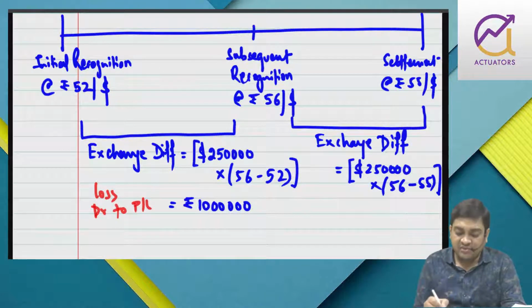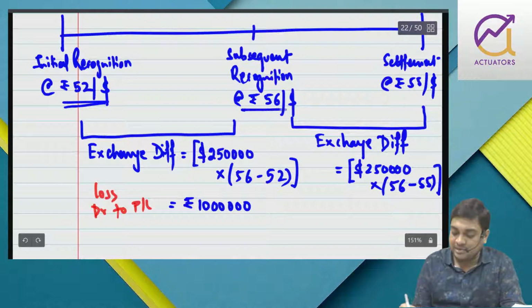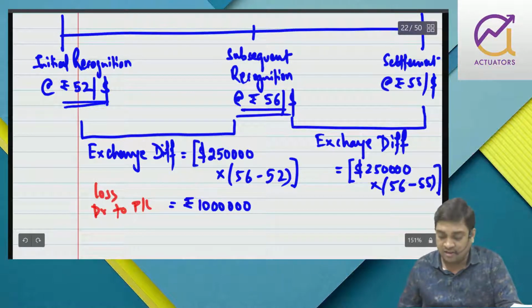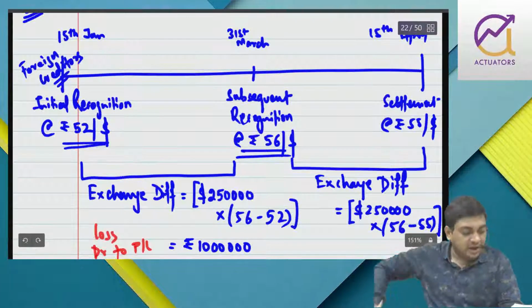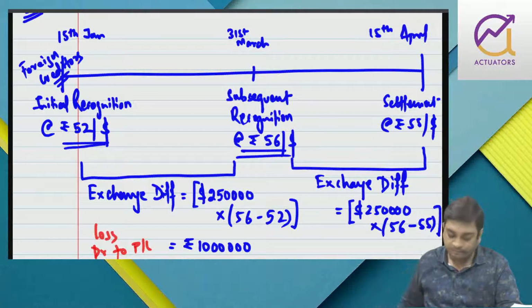Initially it was recorded at 52 rupees per dollar, but subsequently revalued at 56 per dollar, that is foreign creditors. We are talking about a monetary item, that is foreign creditors.